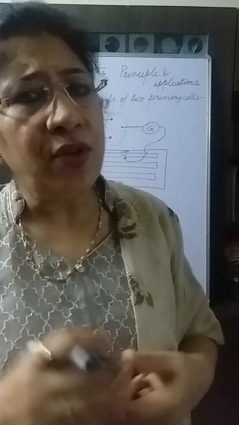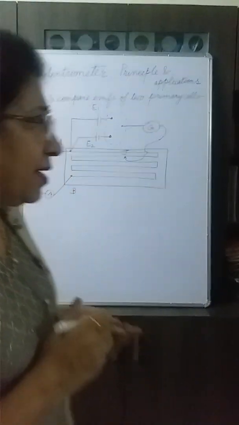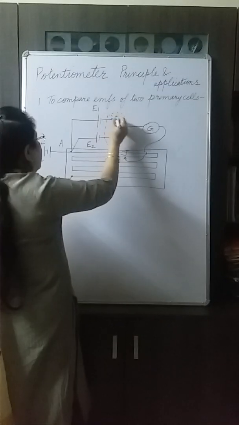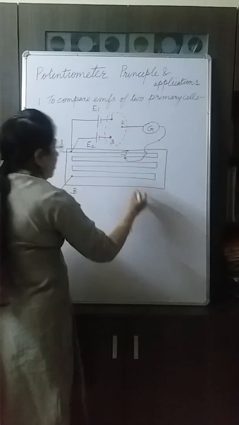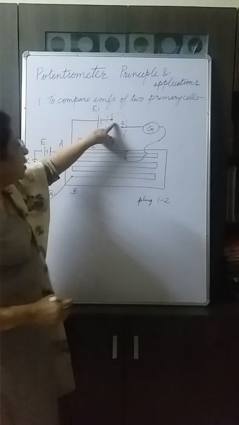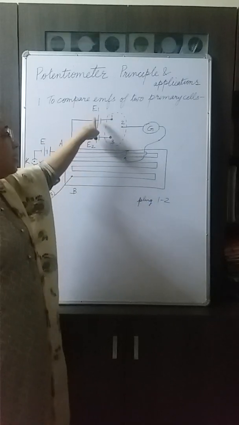Now how is this going to work? After the circuit is connected, we close the key K and we close the plug 1, 2 of the circuit.